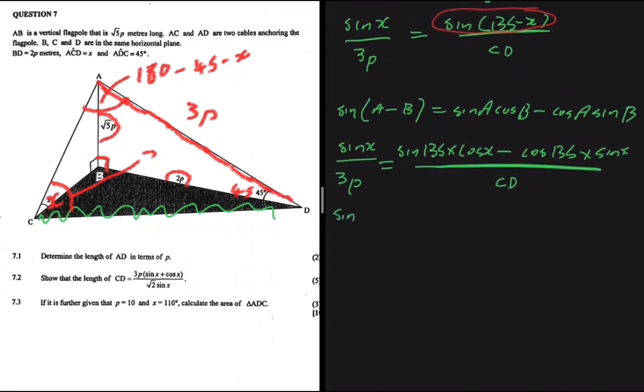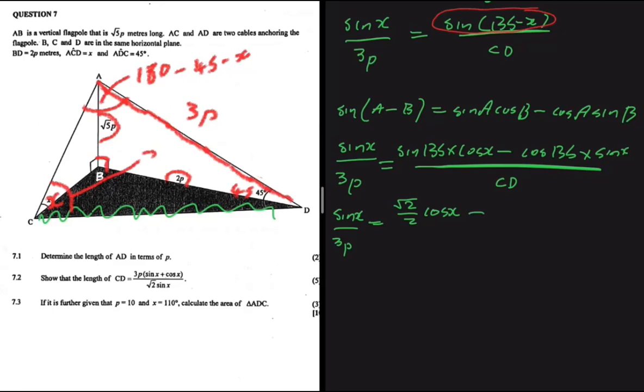So sine of x divided by 3P will be equal to sine of 135. Sine of 135 is square root of 2 divided by 2, and then multiplied by cos of x, right? We don't know x, so we cannot do anything to that. And then minus cos of 135.